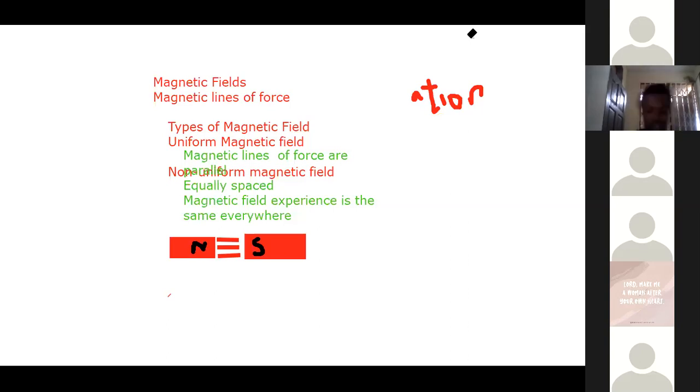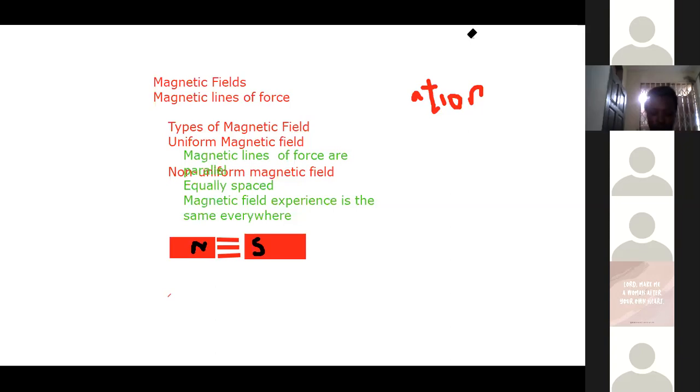Now let's talk about the characteristics of non-uniform magnetic fields. The magnetic lines of force are not parallel to each other, which is basically the vice versa of uniform. They can be represented by curved lines which are not equally spaced. A moving charged particle in the field experiences a variable force at different points in the field.